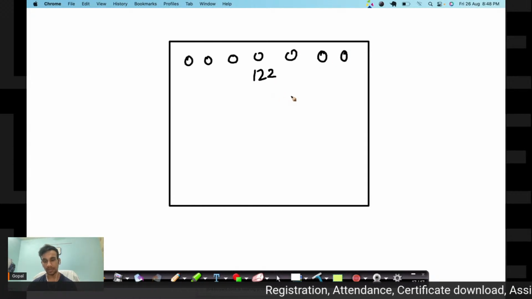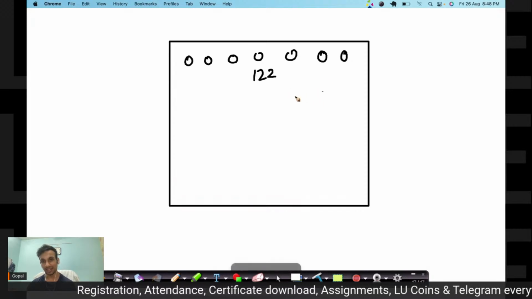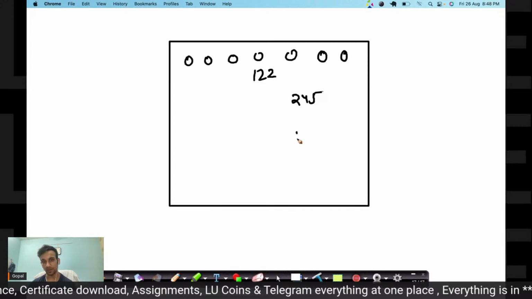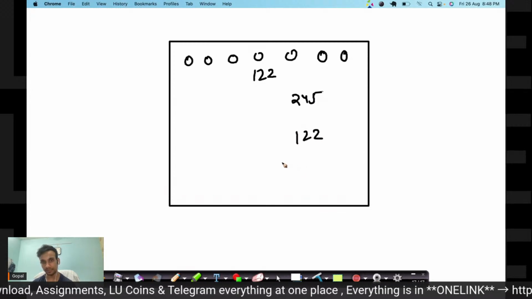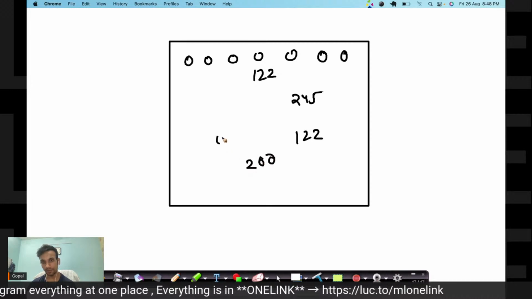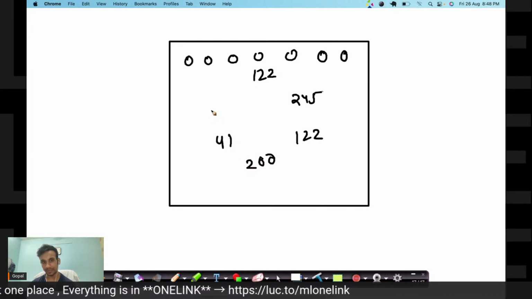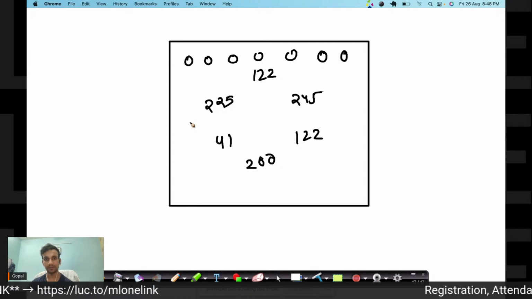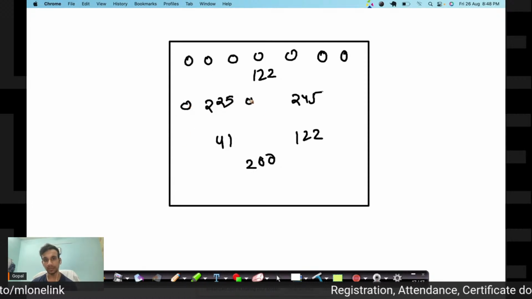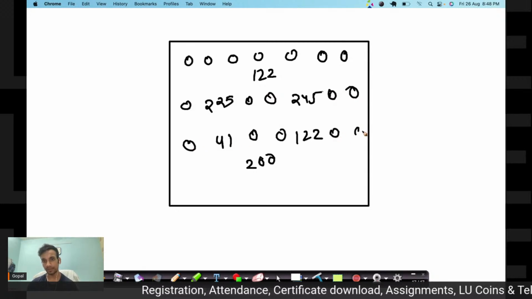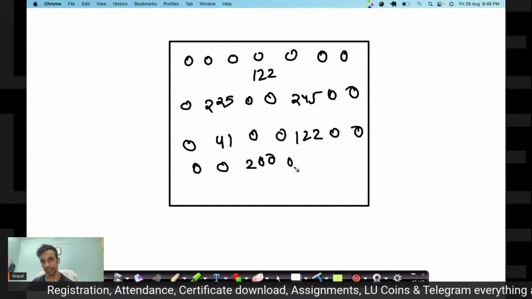Here we have, let's say, 245. Here 122, here 200, here 441, here 225. And the rest of these values are 0. Assume it. Focus, guys.